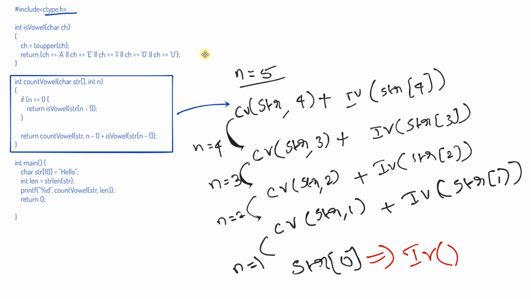Now if you're getting the string from the user, we don't know whether the given string contains capital letters or small letters. So in the previous program what we did was we checked for small letters and capital letters. To avoid that big and long condition, we are giving it only as A, E, I, O, U in capital letters.